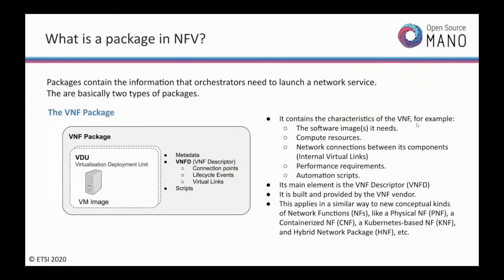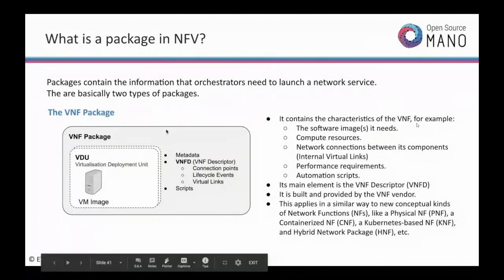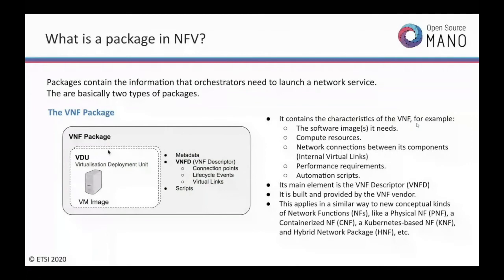For example, you may have a network function that has a VDU and a KDU, or Kubernetes deployment unit, inside the same VNF. So at the end, operators get this package from vendors, and they can feed the orchestrator with this package, so they can eventually use it for a network service.